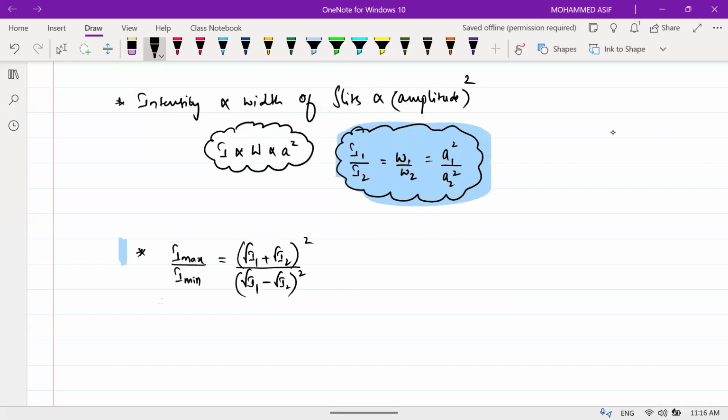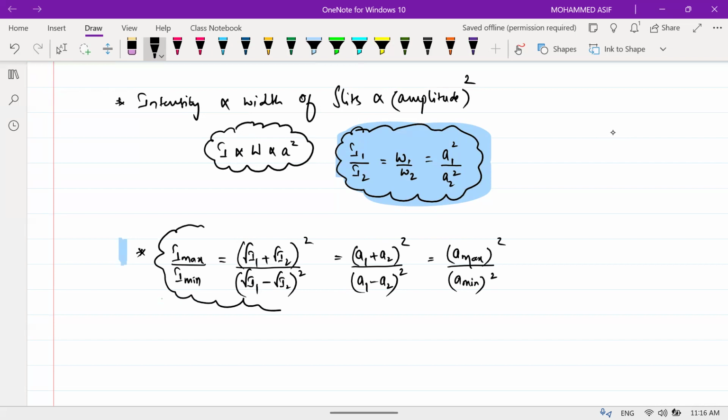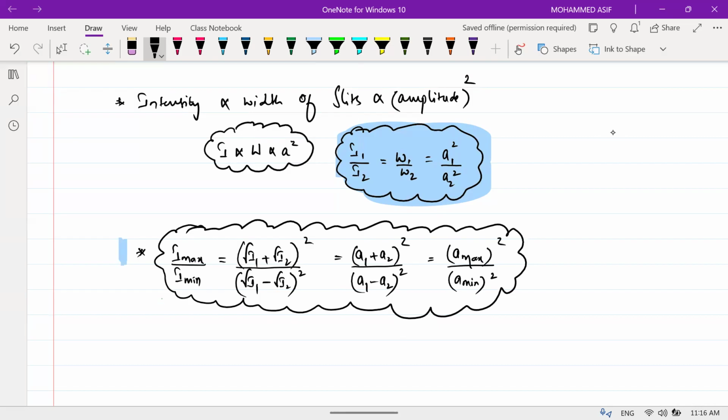That is A1 plus A2 whole square divided by A1 minus A2 whole square. That means it is directly proportional to A max whole square divided by A minima whole square. So these formulas are also very important.